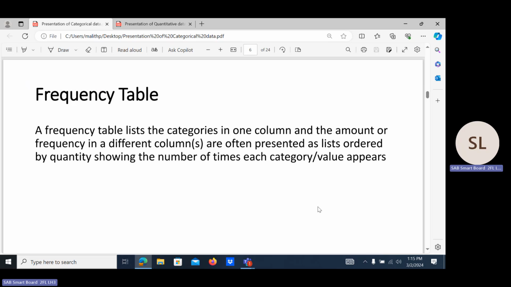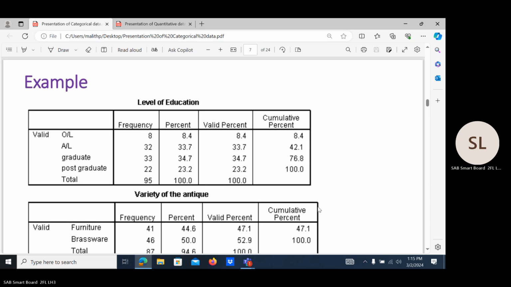Frequency means the number of times of each category. That we call the frequency table. Clear? Okay. These are examples of the frequency table.